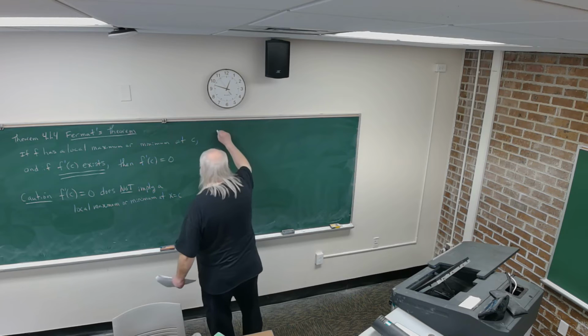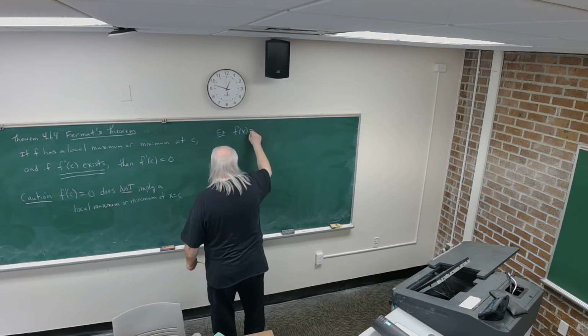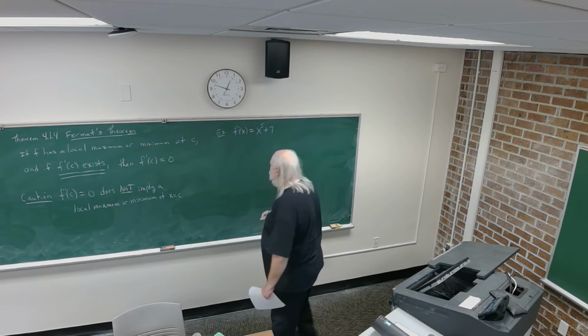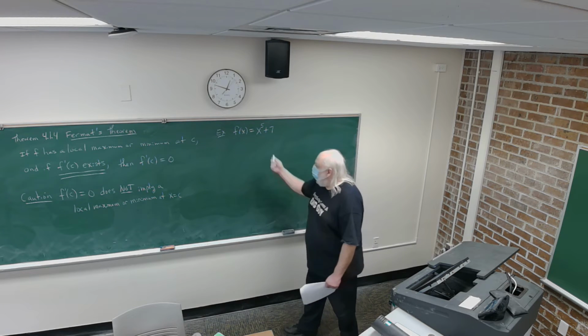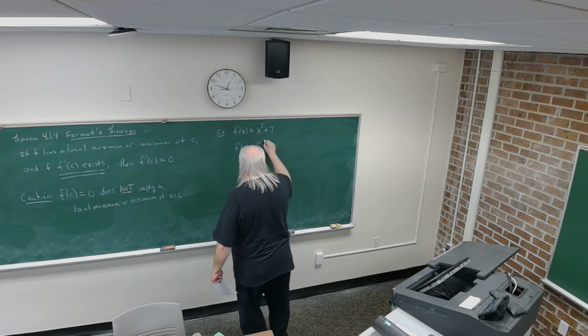We'll demonstrate that with an example. f of x is equal to x to the 5th plus 7. f prime of x in this case, we know, is equal to 5x to the 4th.